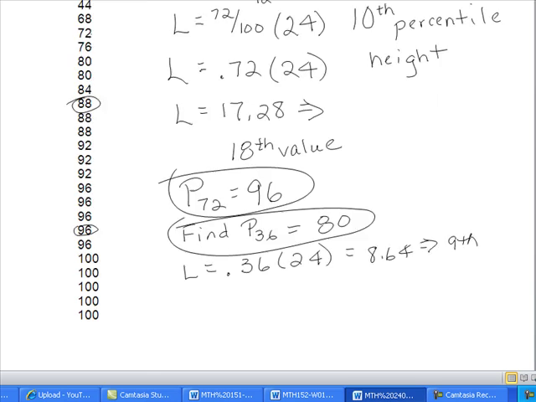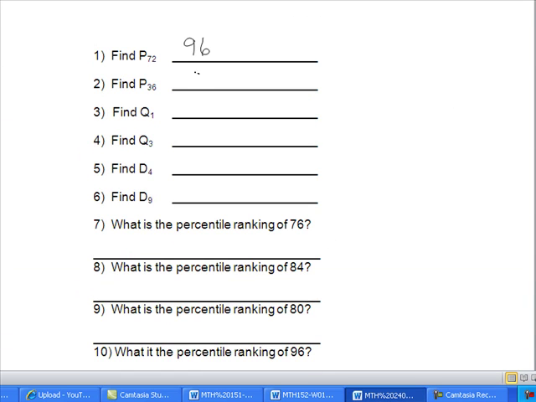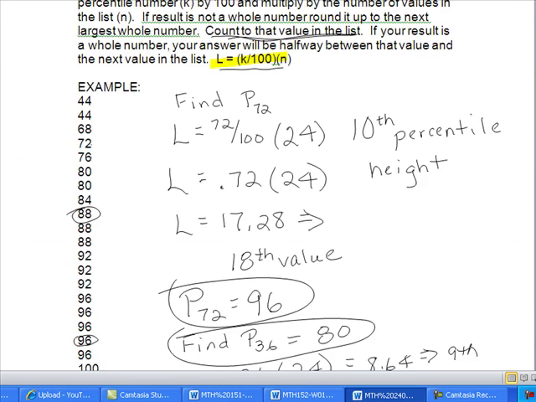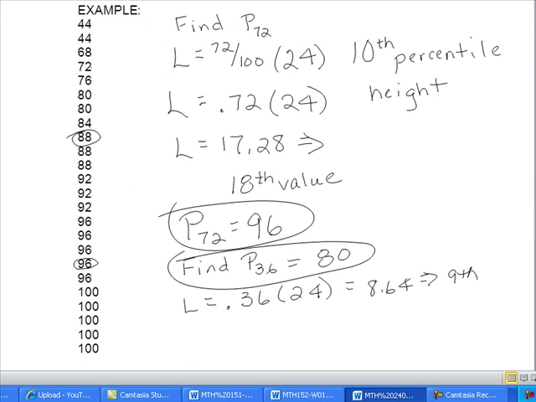All right, we're to find the first quartile. Okay, the first quartile, remember, is the same as the 25th percentile. And I think this is going to give us 6.